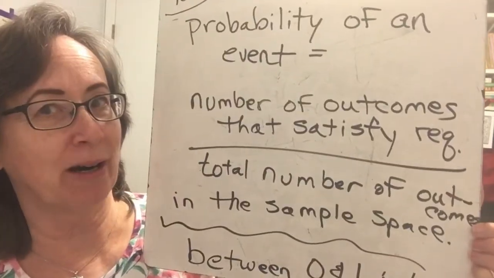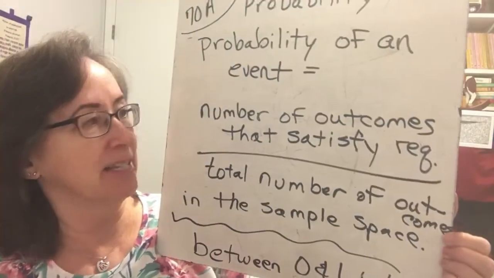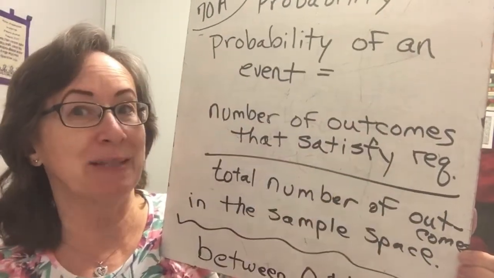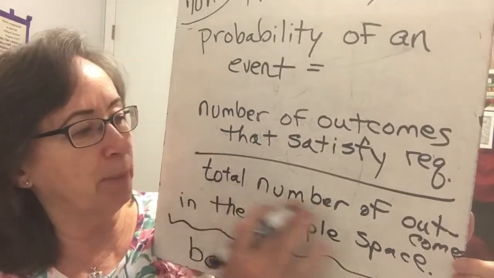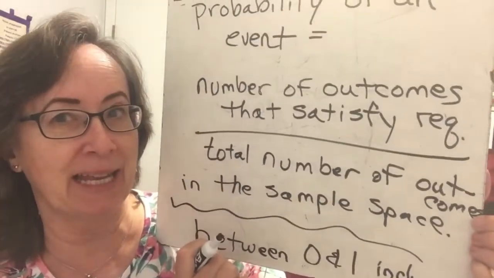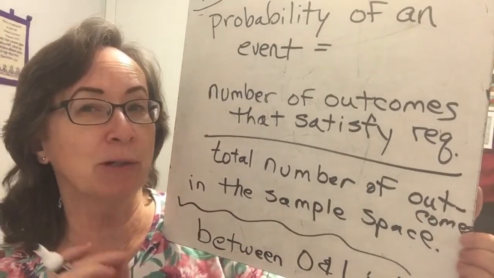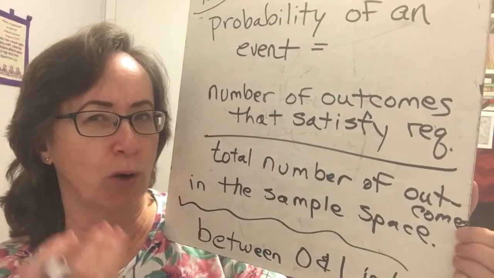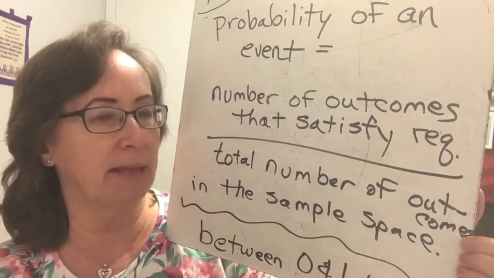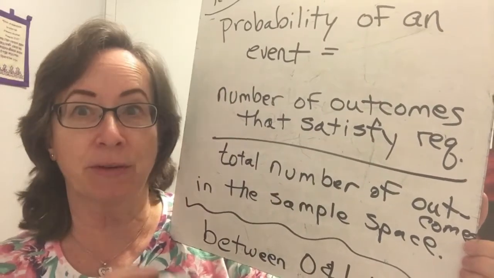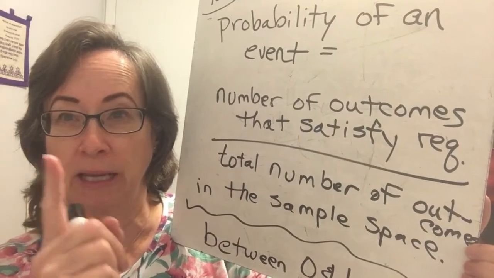Okay, some more about probability. The probability of an event is the number of outcomes that satisfy a certain requirement divided by the total number of outcomes in the sample space. So, for example, if I were going to roll a die and get an odd number, then I would think, okay, there are 3 odd numbers on the faces of a die: 1, 3, and 5.